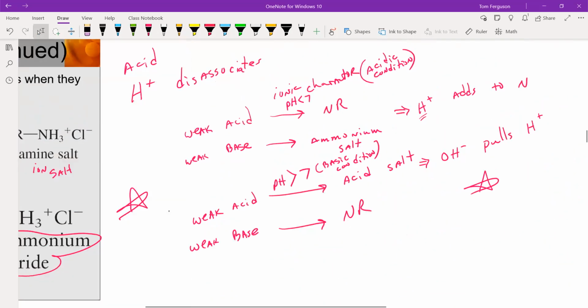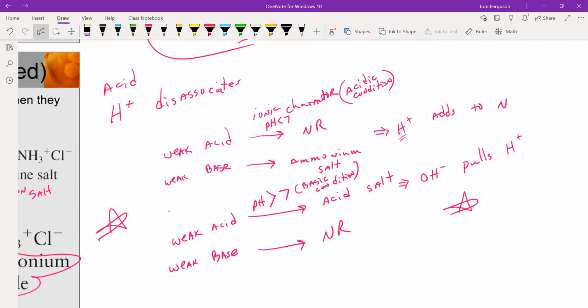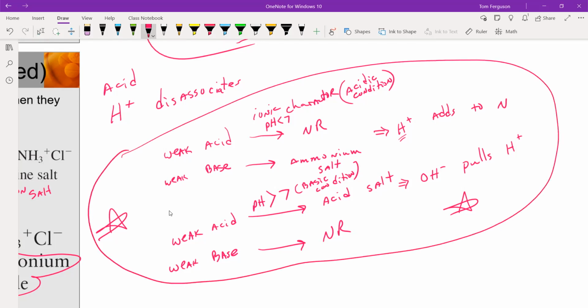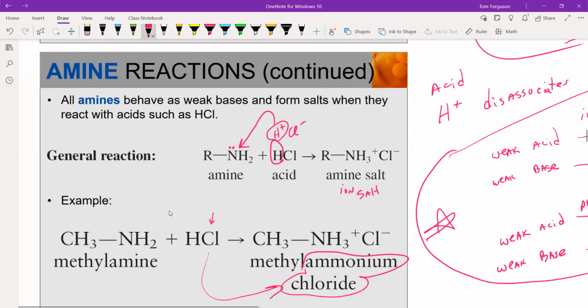Now, okay, this is real important. You will see that next Monday. If you have a weak acid in an acidic environment, nothing will change, no reaction. If you have a base, what will happen is you'll form the ammonium salt because of this here.